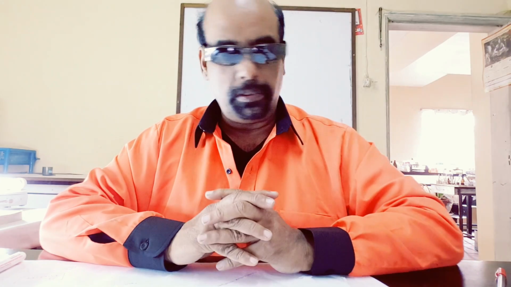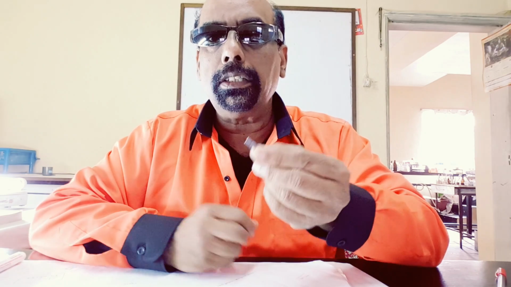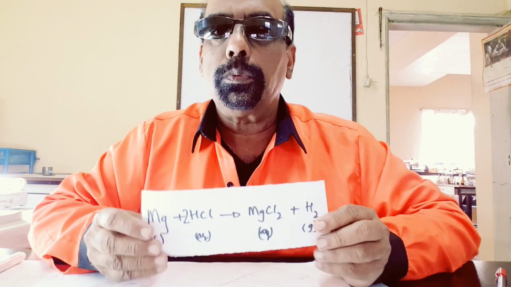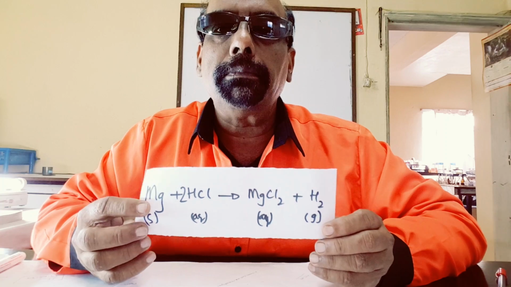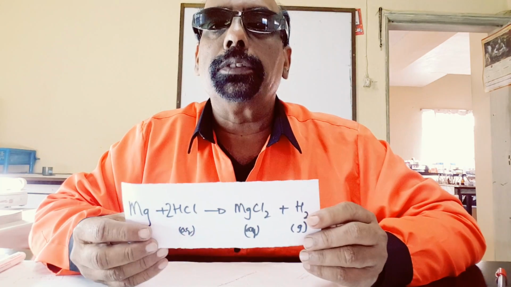Acids react with reactive metals such as magnesium. This is a piece of magnesium, a reactive metal. Acids react with reactive metals such as magnesium to produce hydrogen. Hydrogen is a gas which burns with a pop sound. Magnesium reacts with acid and liberates hydrogen.